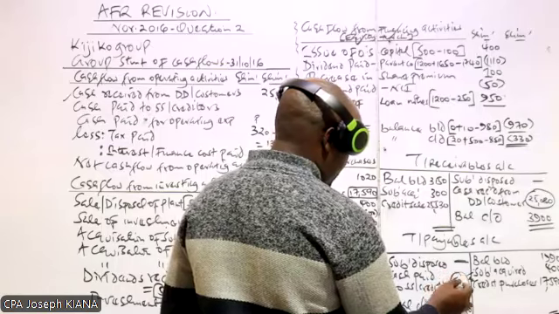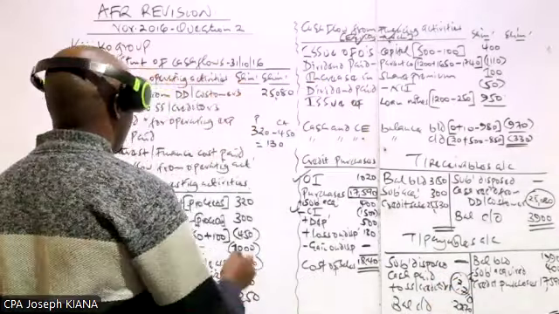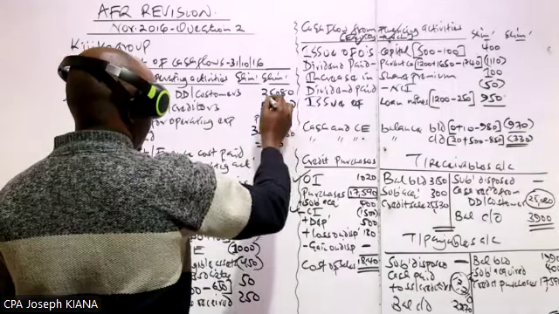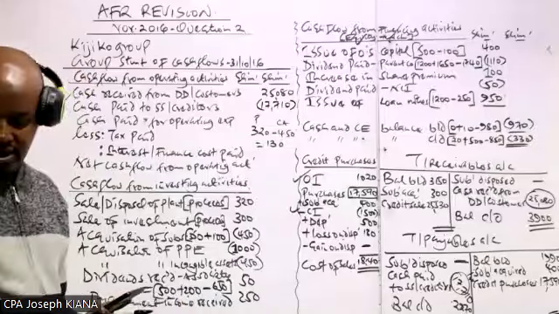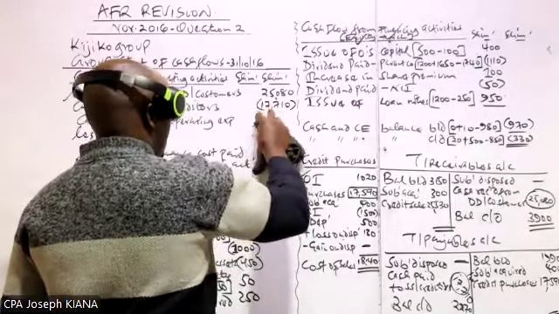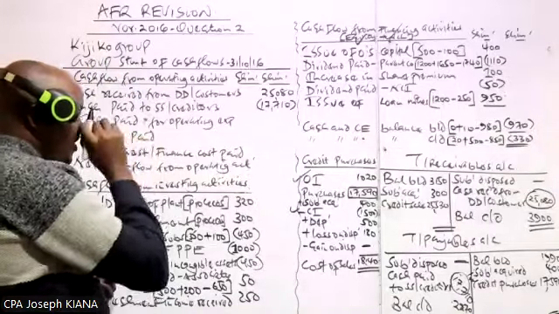So I'm getting 17,710. Confirm whether you're getting that value there. Yes, 17,710. So I think we are done with that one.